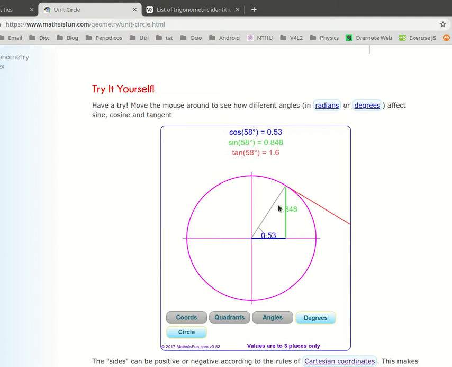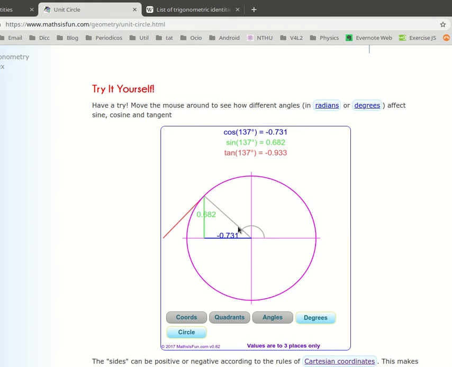Let's see, this angle is 30 here, and you can see that the sine and the cosine are positive. If I take the angle minus 30, which is 300, the cosine has the same sign, but the sine is negative.